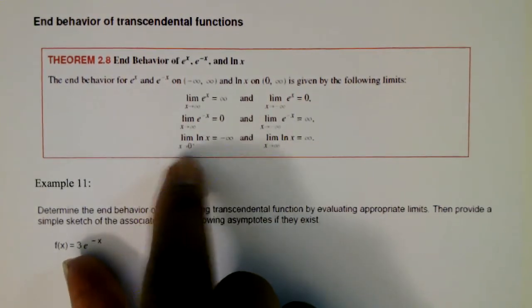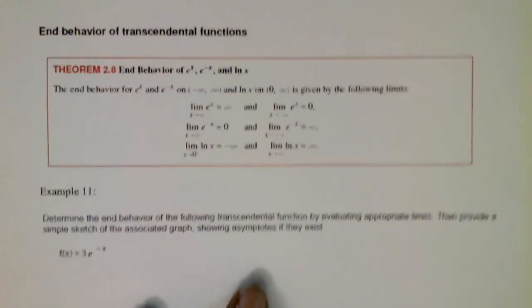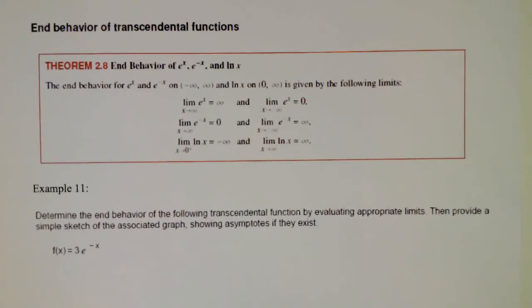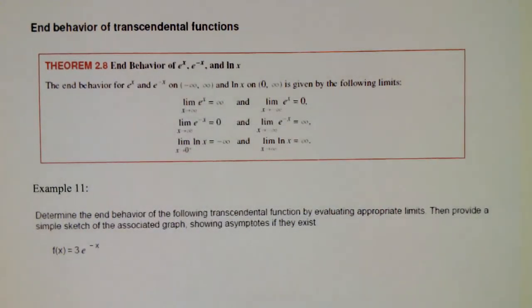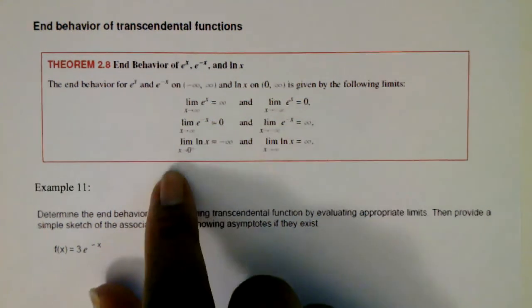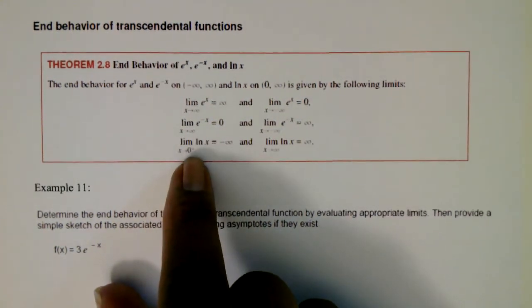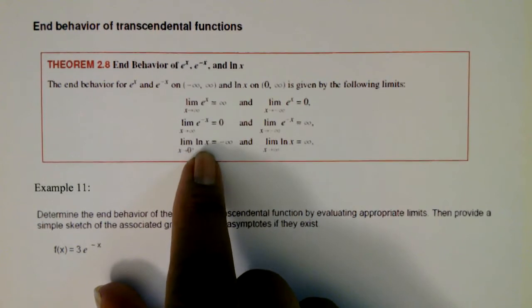And then for this one, the limit as x approaches 0 from the right. Notice 0 from the right, not from the left, because I'm going to tell you this. You cannot take the natural log of 0, nor can you take the natural log of a negative number. So it has to be x approaching 0 from the right of the natural log of x.